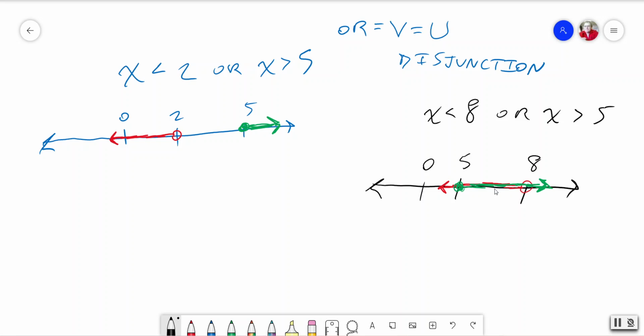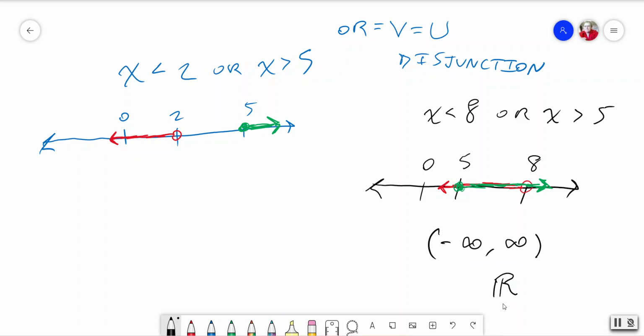I can't use parentheses there because it has an or equal to in it. So actually, 5 with a square bracket up to positive infinity, which of course takes the round parenthesis.